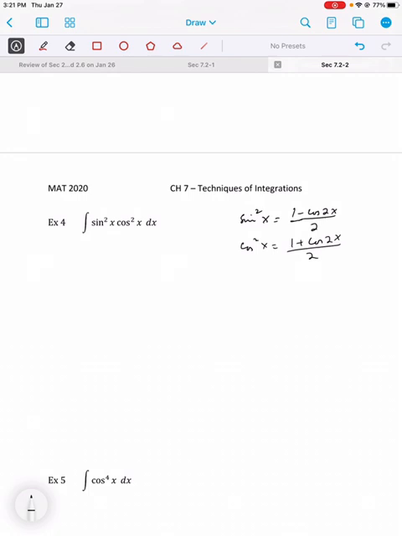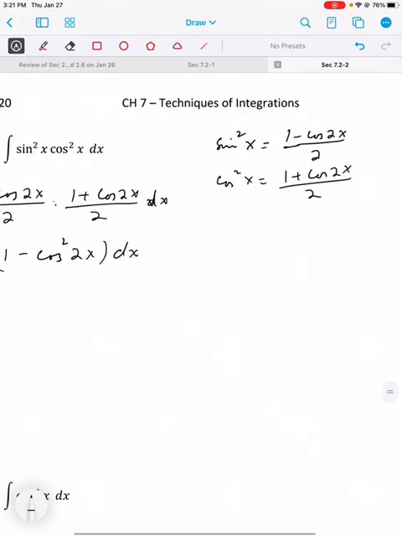So I'm going to substitute here. So this gives me, multiplying it out, the bottom gives me 1 over 4, and inside I'm getting 1 minus cosine square of 2x dx. Now recall that this formula in general can be expanded.